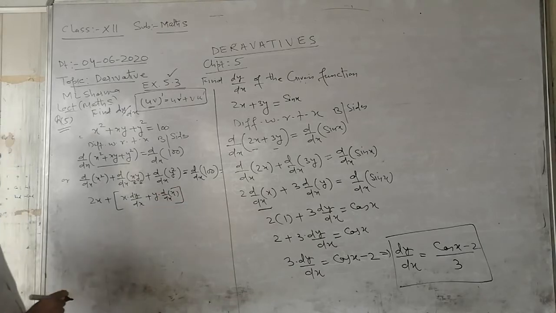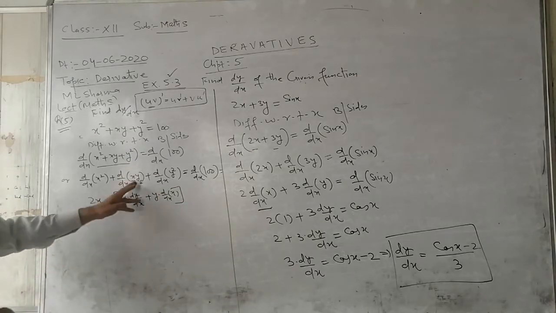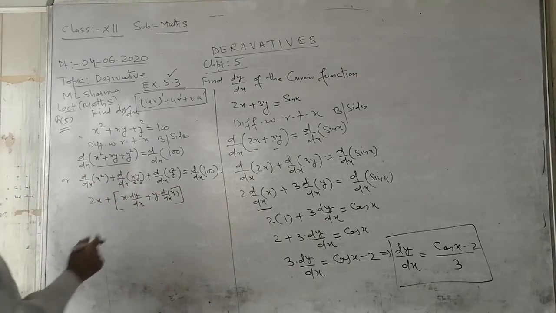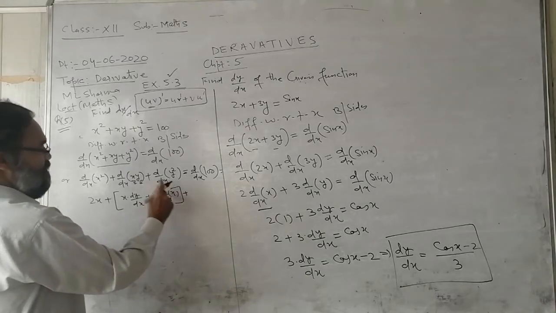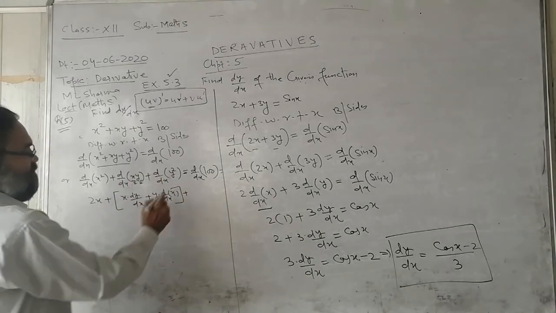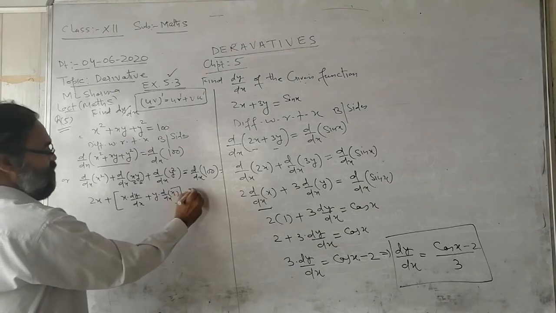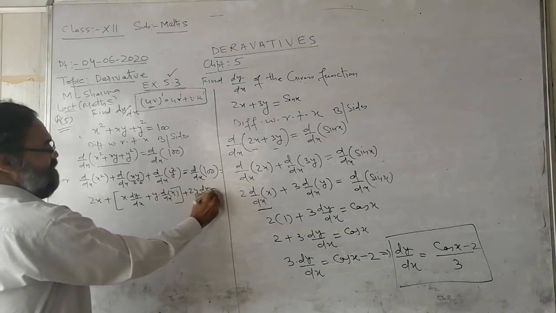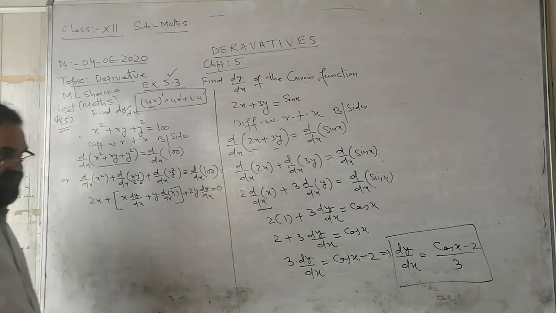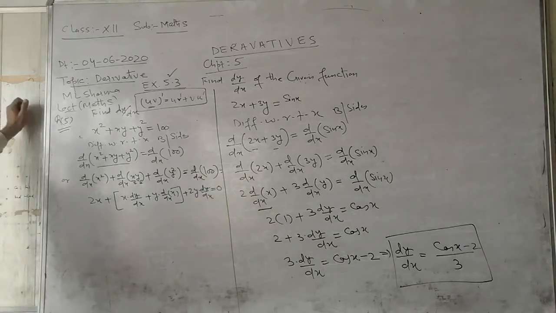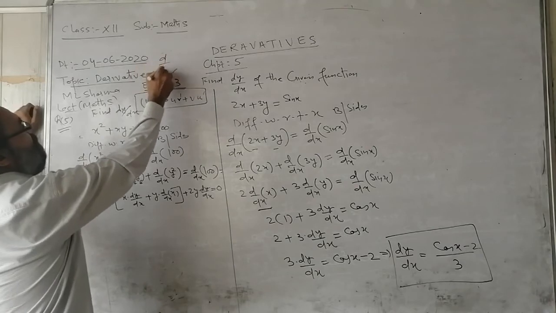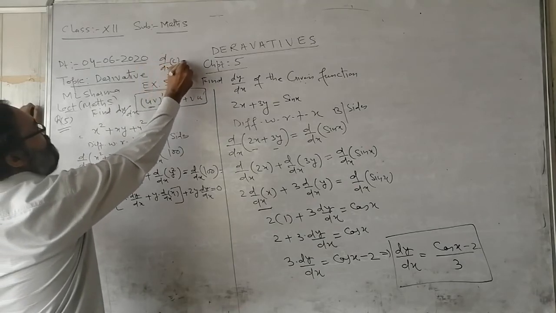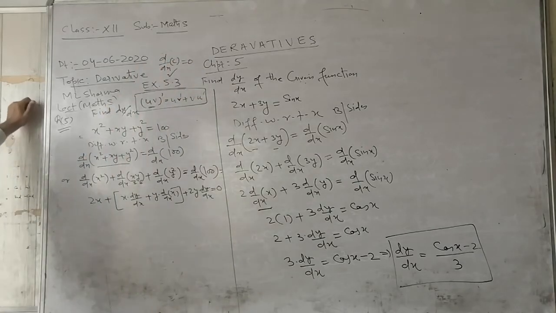Plus it is y square, so the derivative of y square will be 2y into dy upon dx, and this is a constant. The derivative of a constant is 0.